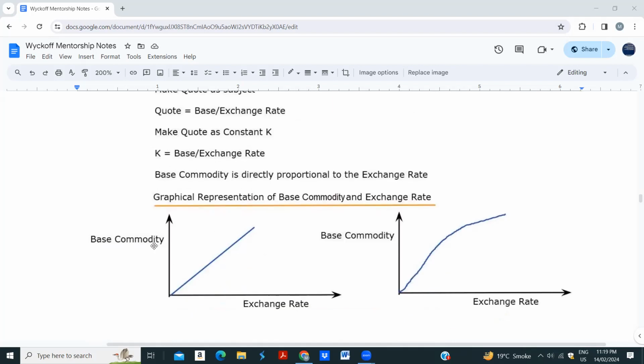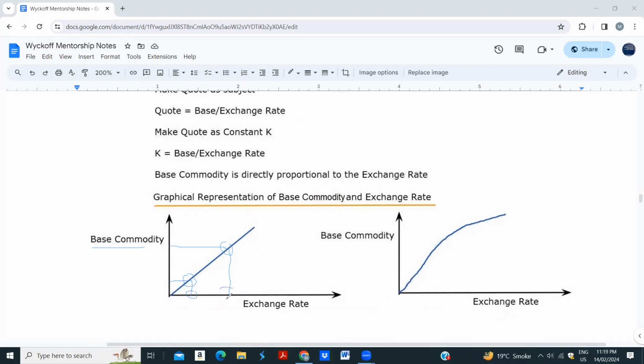Okay. So what does this show? When the value of the base currency increases, then the value of the exchange rate also increases. When the value of the base commodity decreases, then the value of the exchange rate also decreases.